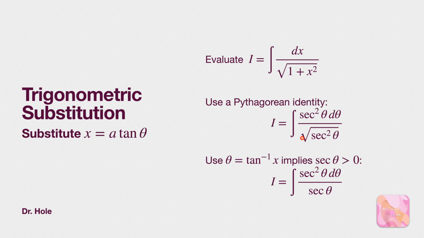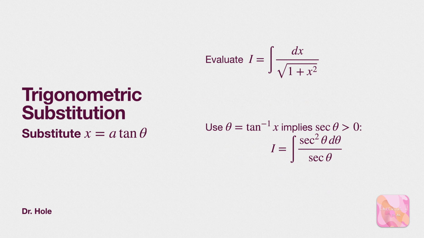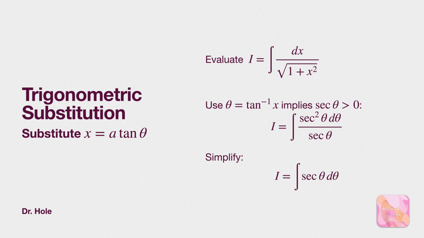Because of that, when evaluating the radical of secant squared for these thetas, we do not need the absolute value. Nice. Then the integrand simplifies to secant theta.